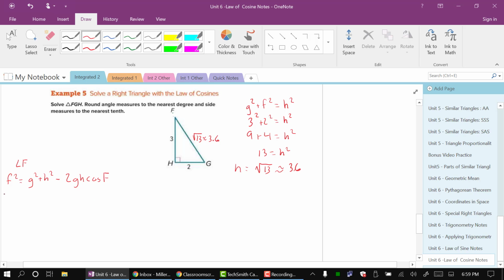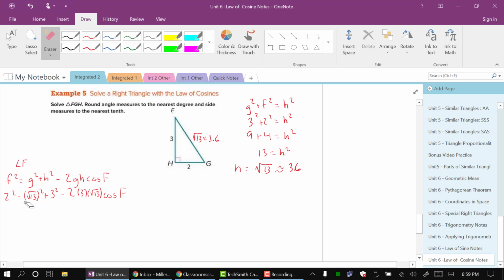So this is going to give me 2 squared equals the square root of 13 squared, which is just 13, plus 3 squared, I think I flipped them, minus 2 times 3 times the square root of 13 cosine f. I did flip them, sorry.